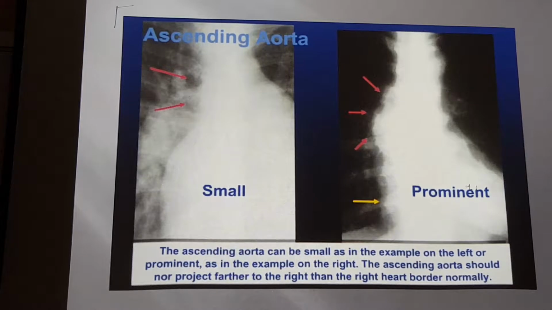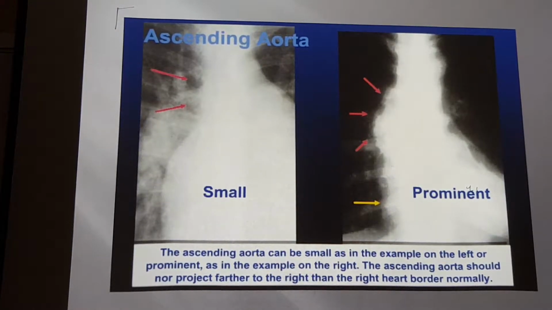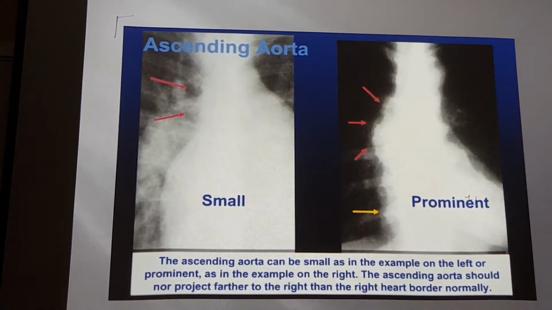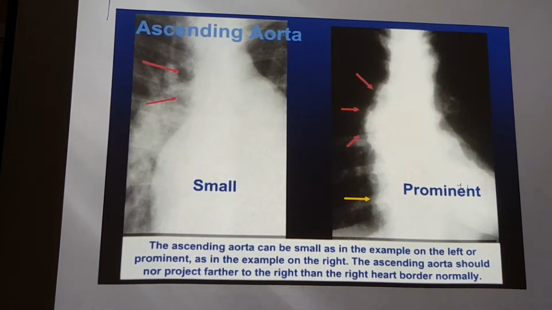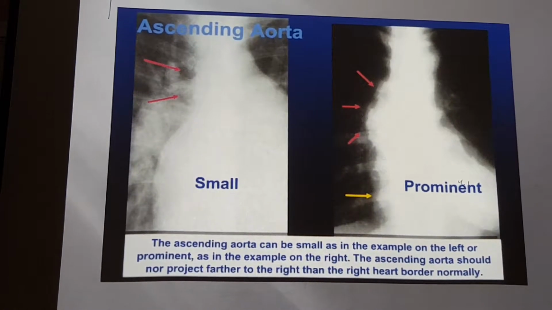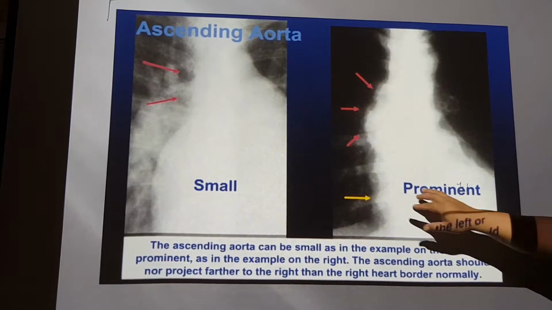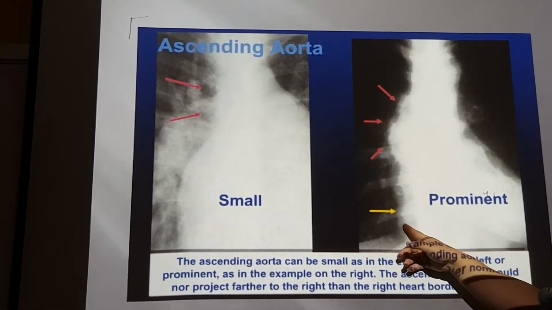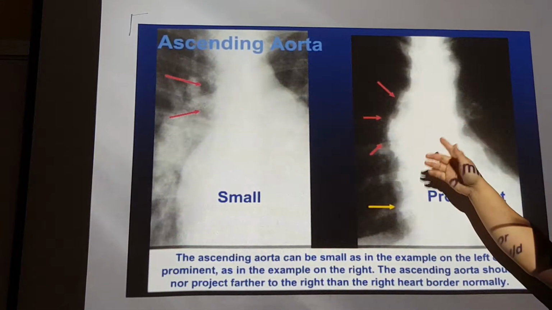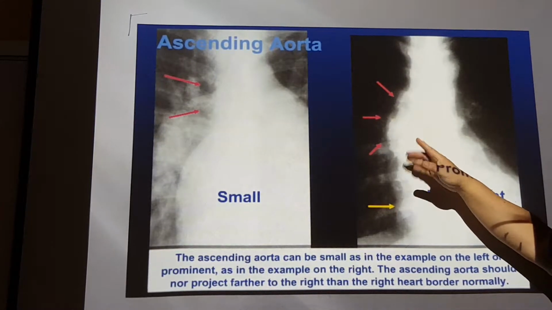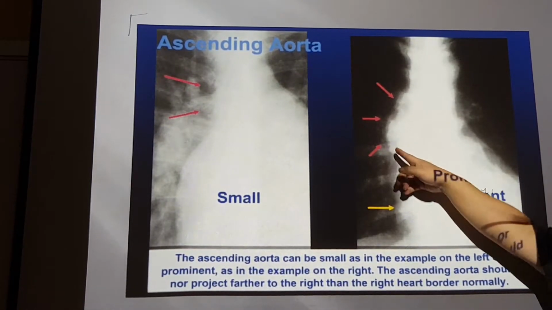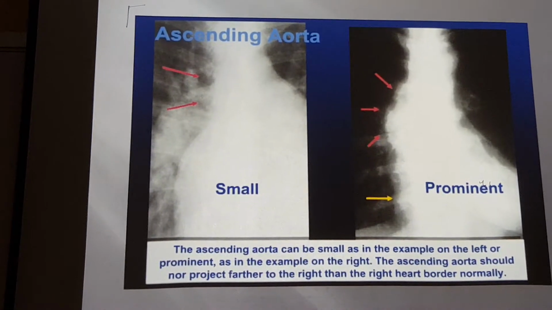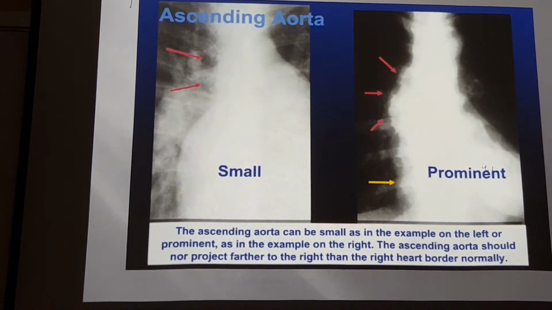So the ascending aorta can be small, as in the example on the left side, or prominent, as in the example on the right. As stated, the ascending aorta should not project further to the right than the right heart border. It should not exceed your right cardiac border on the frontal PA chest radiograph. That's the normal appearance on your chest radiogram.